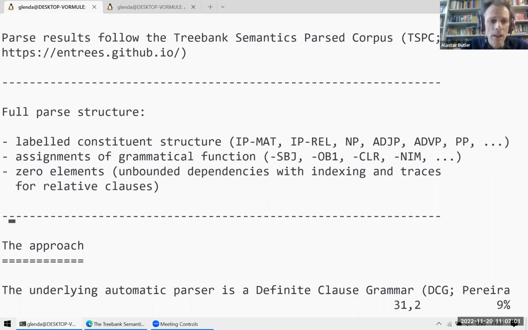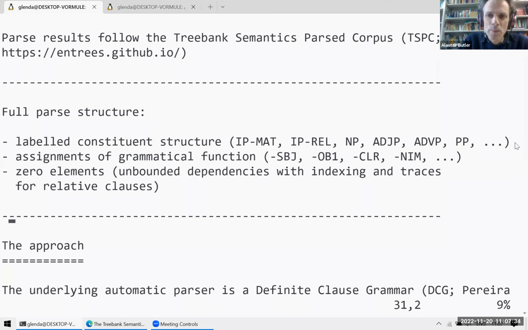So that's going to be essentially bracketed nodes that are going to tell me about the types of constituents that are being built. So these are going to be things like matrix clauses, so IP matrix, IP mat, relative clauses, IP rel, noun phrases, adjective phrases, adverb phrases, and preposition phrases, and maybe a few more types of constructions.